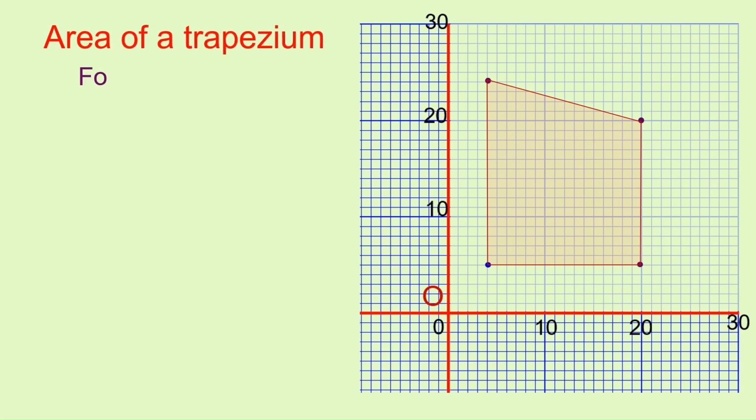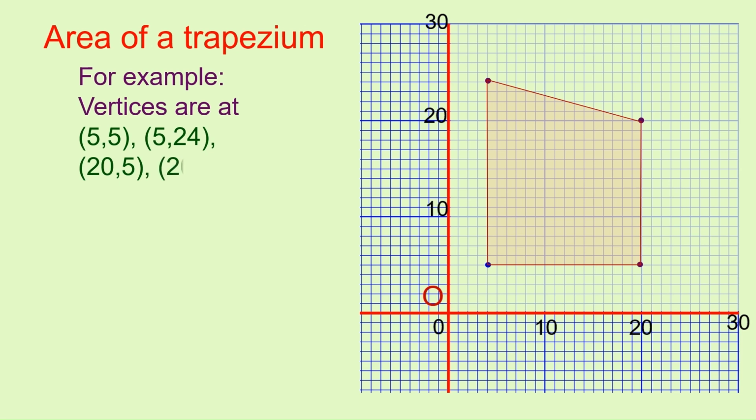To calculate the area of a trapezium, we take an example. When vertices are at 5, 5; 5, 24; 20, 5; 20, 20. Now watch the steps.